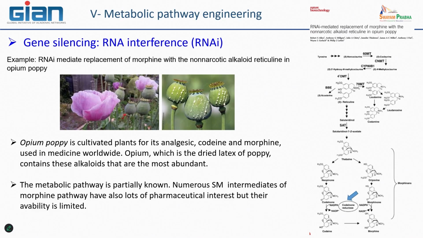In this one, you can find several well-known molecules, in particular alkaloids, benzylisoquinoline alkaloids, in particular morphine. Here is a simple metabolic pathway leading to the production of this molecule, morphine being here.